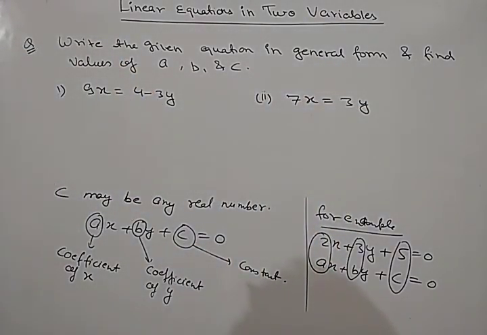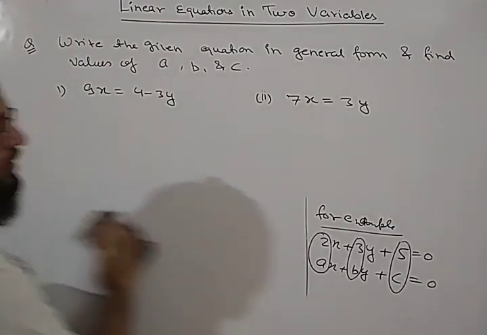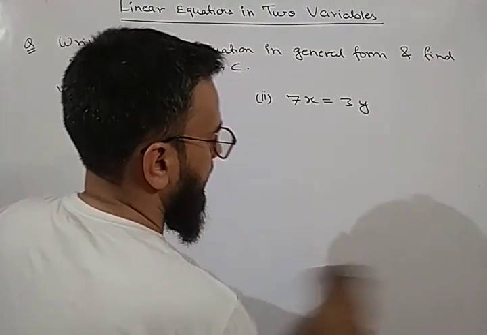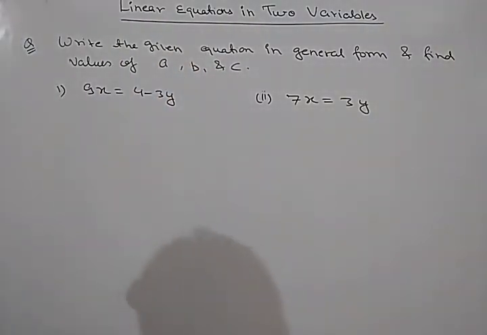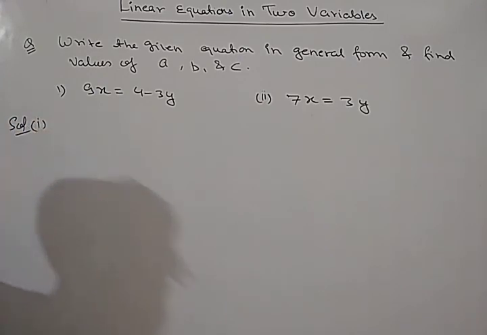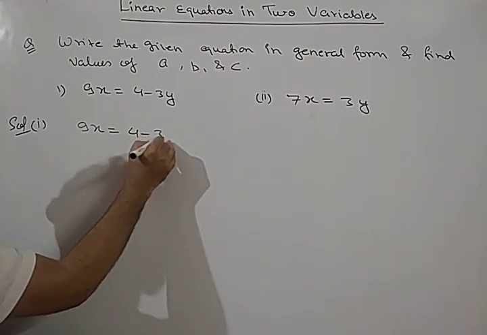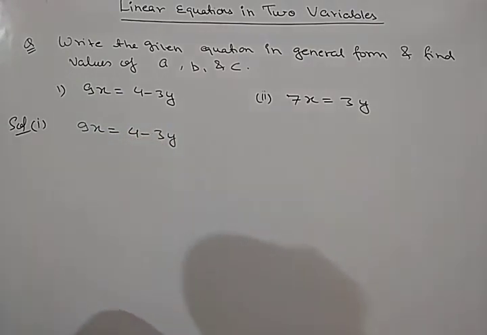So we have to convert these equations into the general form, and then find the values of a, b and c. So let us start solving the first part. The first part is 9x is equal to 4 minus 3y. But we have to convert it into general form. So what is the general form?